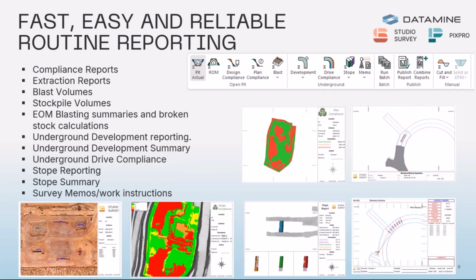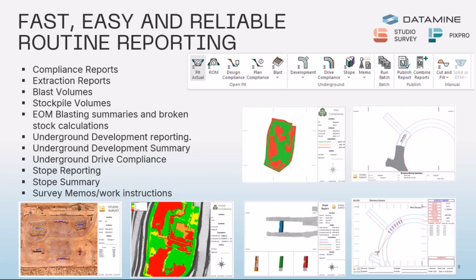So that is your typical end of month report as far as advancement of headings is concerned. And then that directly feeds into our underground drive compliance report. So it'll take each one of those advancements and then create a cut by cut analysis of overbreak and underbreak based on that development for that reporting period.